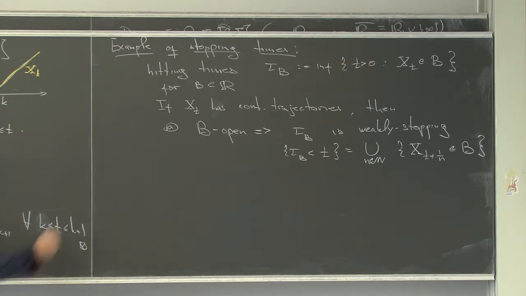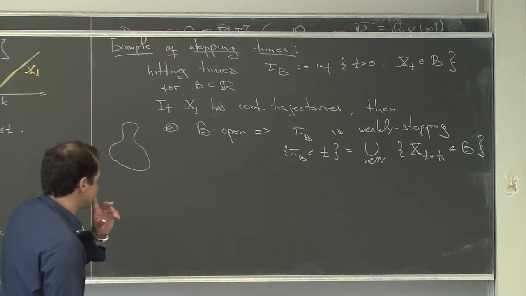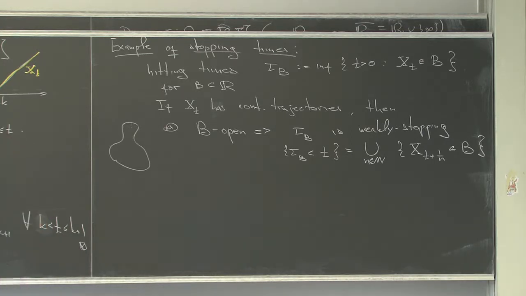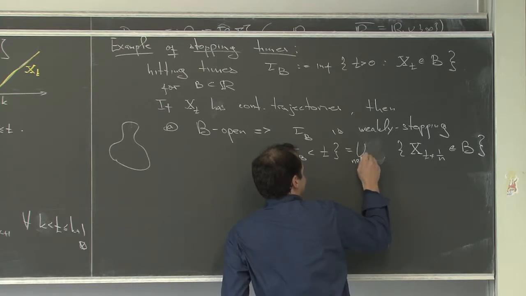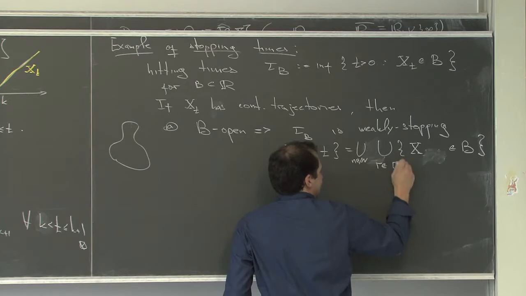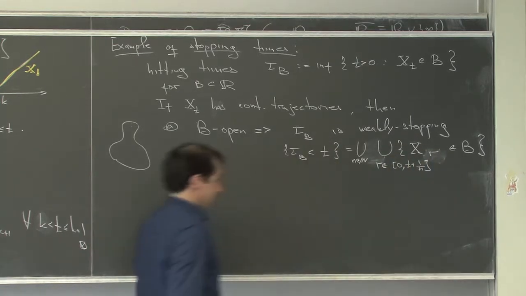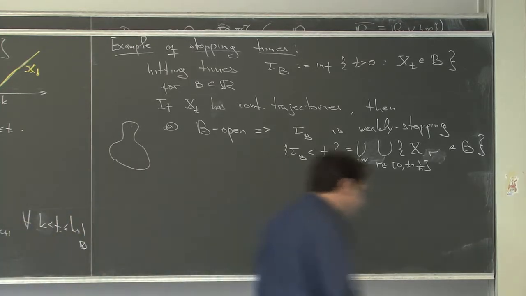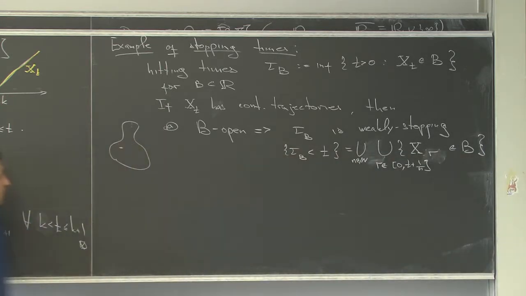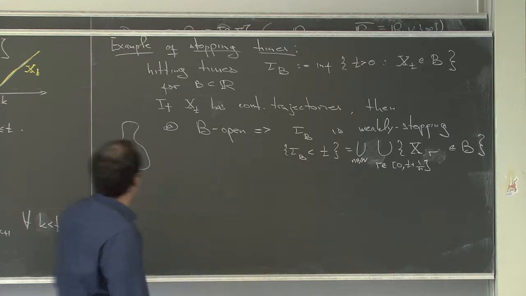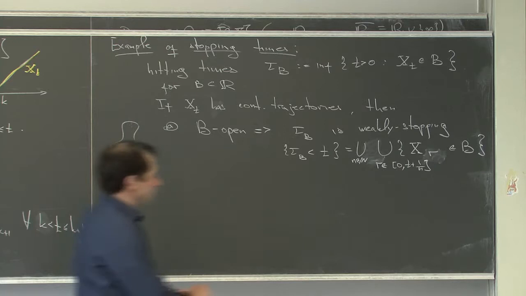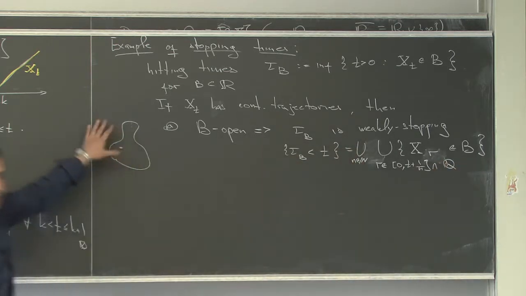So what's going on? If I have an open set, then the event, nope. What would I like to say? This is the union over n, okay. Union over r in [0, t plus 1 over n] of Xr in B. What I'm going to say is that the event that our trajectory is here, at some moment after a given t, can be encoded by the values first only at rational points, because the trajectory is continuous.